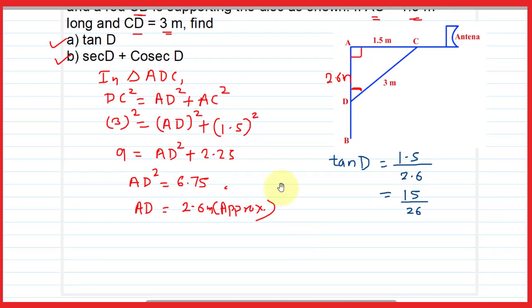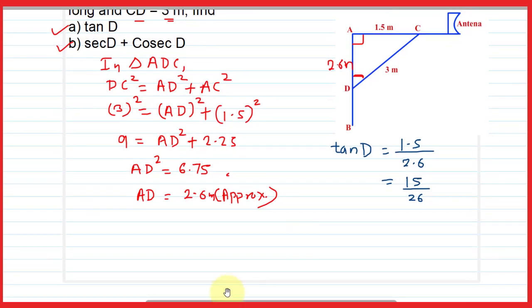Now see, we have to find sec D plus cosec D. So here sec D plus cosec D will be equal to sec D. Sec D is hypotenuse upon adjacent, so it will be 3 by 2.6 plus cosec D, that is hypotenuse upon opposite, that will be 3 upon 1.5.